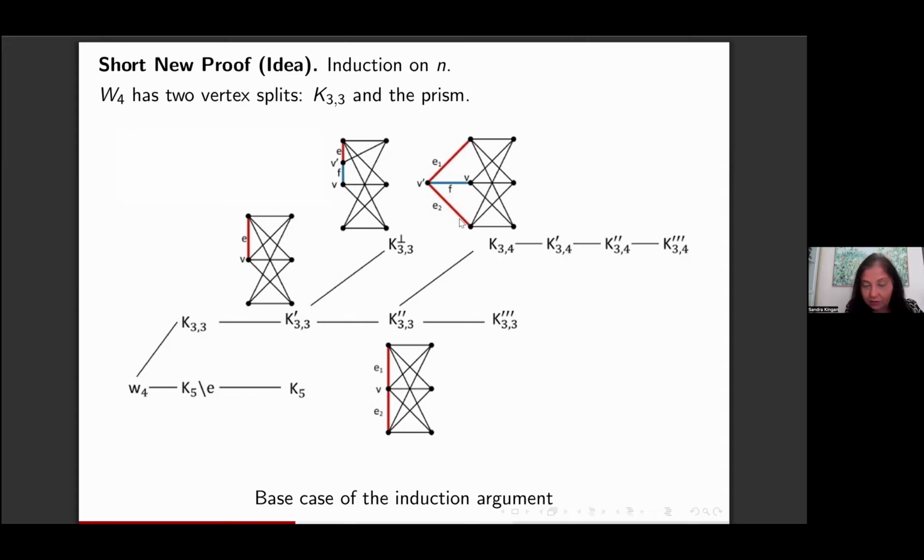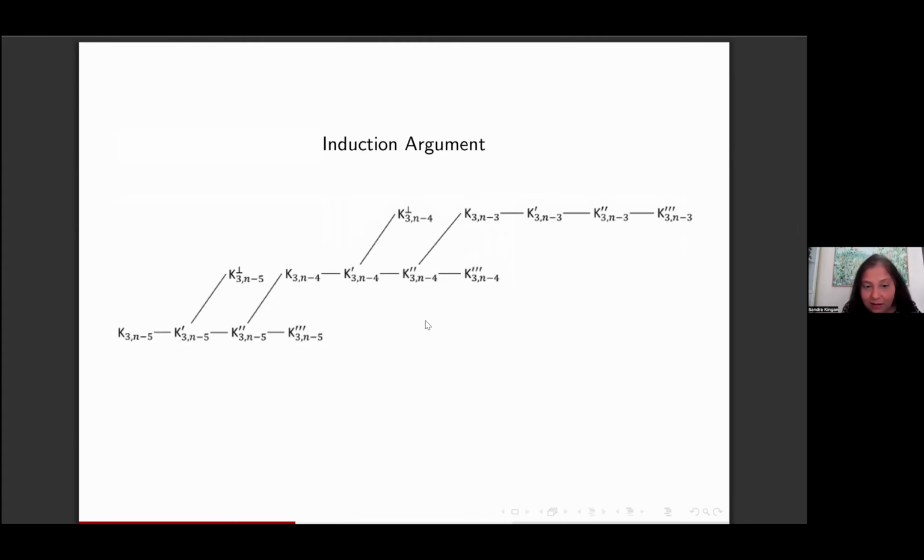Very little checking to do. All the checking that had to be done in the past, well, actually, there was a theorem buried in there, and that's what theorem 1 is. And then the next thing is the induction argument.